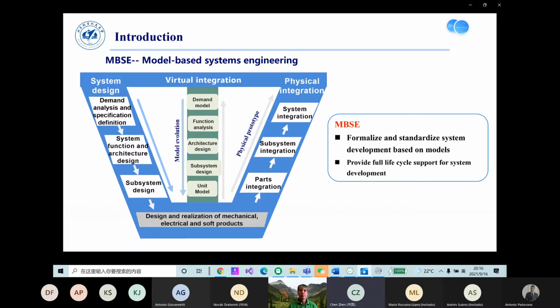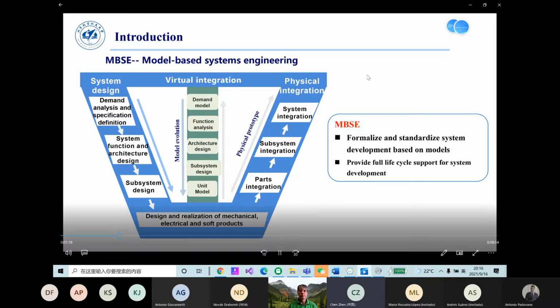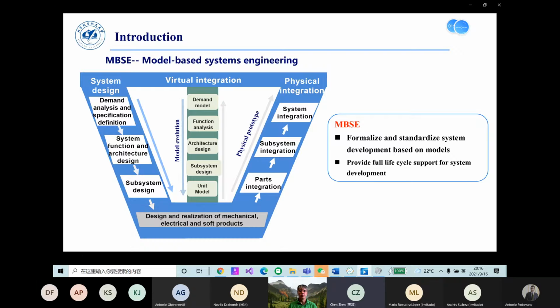This distributed modeling but integrated management solution can greatly improve the work efficiency of large-scale projects. The picture on the left reflects the general working process of MBSE.